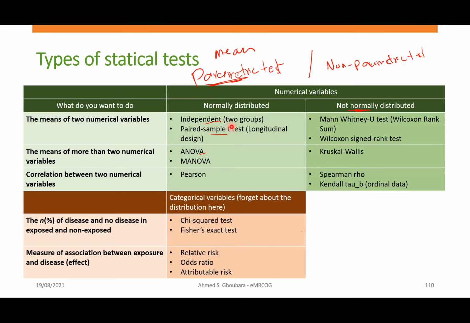Then you do the surgery, you do the operation. Then like 3 months later, you repeat the ovarian reserve test for each patient. Then you compare pre-op and post-op values to figure out if there is any difference between the pre-op and post-operative values.